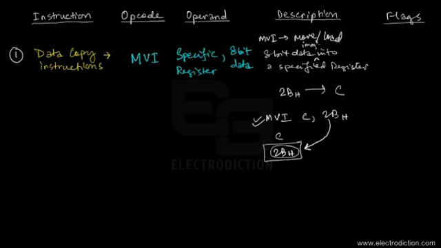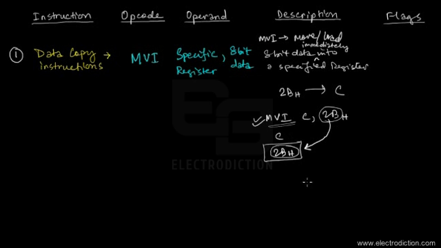You can use this instruction to load the data into a register instantly, even if you haven't loaded this particular 8-bit data into any other register or in the program somewhere. You can just use an MVI instruction and on the spot load the data into a register. So that's how you can use it.